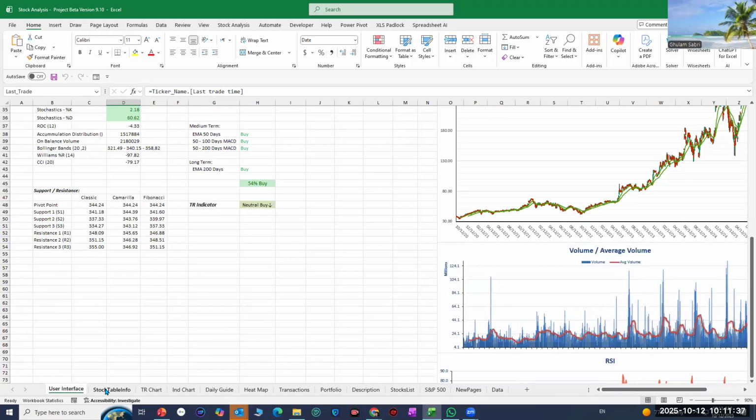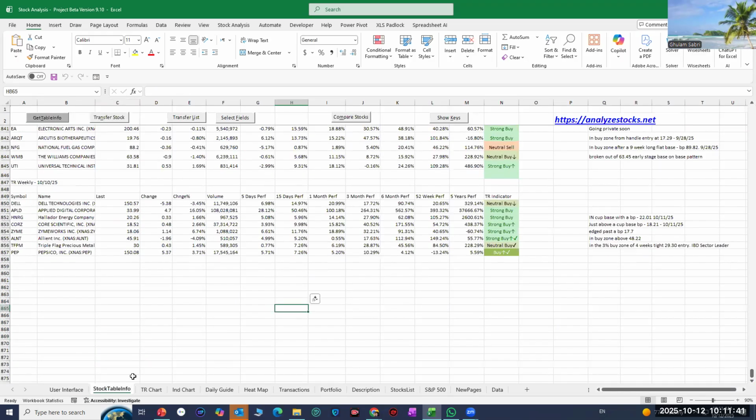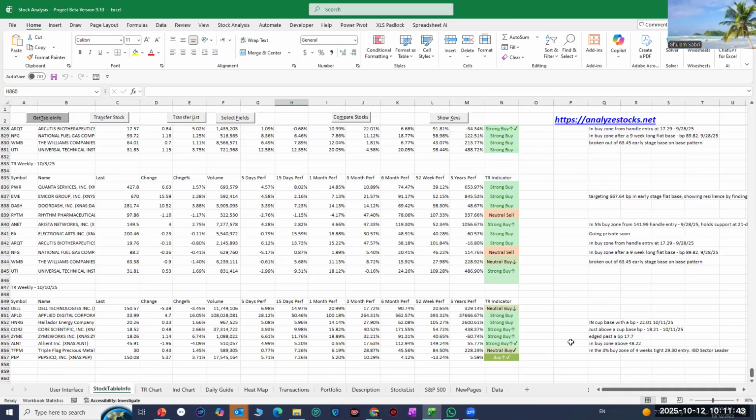If we move on to the next worksheet, here we can have a number of different watch lists. That was one stock, like Broadcom, but in this watch list we can have a list of stocks, and in one go we can ask Excel to update the table based on the fields we select. For example, I selected these as a result of my scans for the upcoming period, and it was telling me their performance.